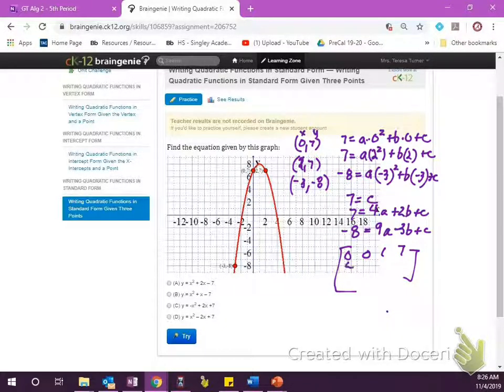We have 4a, 2b, 1c is equal to 7. And we have 9a, -3b, and 1c is equal to -8. Then you put it in the matrix on the calculator. You do RREF of your matrix, and you get your solution. Just remember that the numbers still have to go over here.